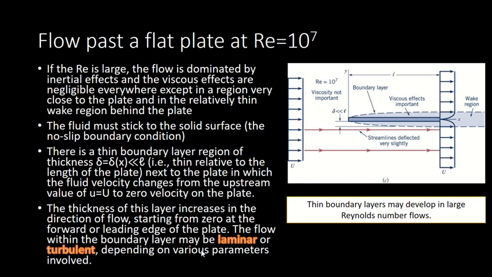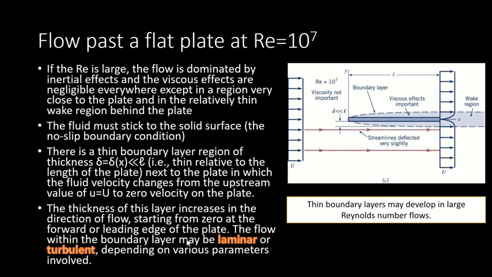The flow within the boundary layer may be laminar or turbulent, depending on various parameters involved. So these three slides are basically to show the difference between a very small Reynolds number and a very high Reynolds number over a flat plate.